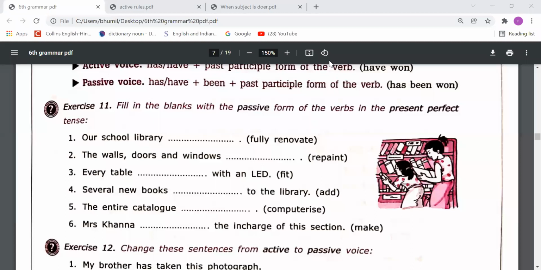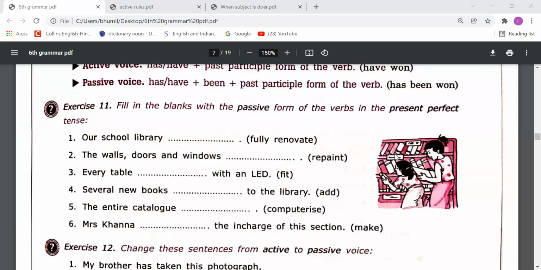Okay, now you can give me the answer. I have taken it. So I was talking about sentence number 3: "Every table... with an LED." So what to fill here? Please let me know. The third form of fit is fitted. Okay, let me see who has raised their hands. Yes, Anirudh, please let me know.